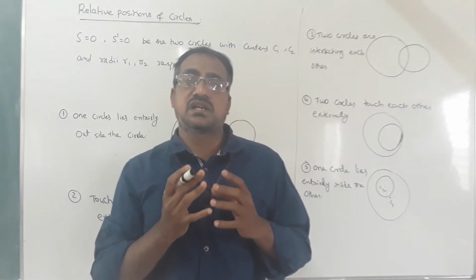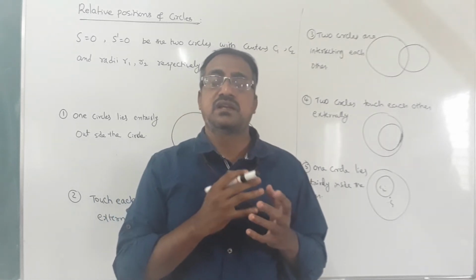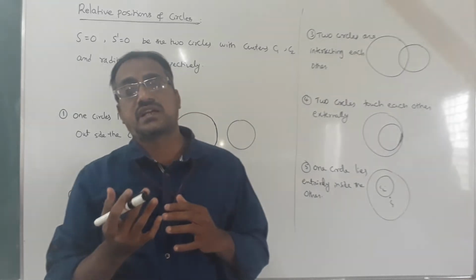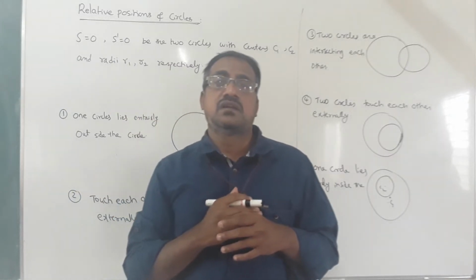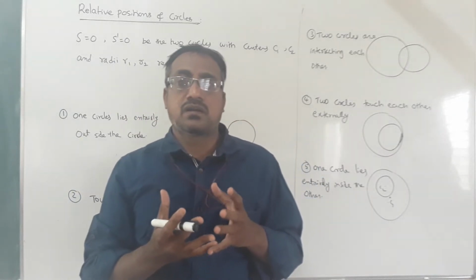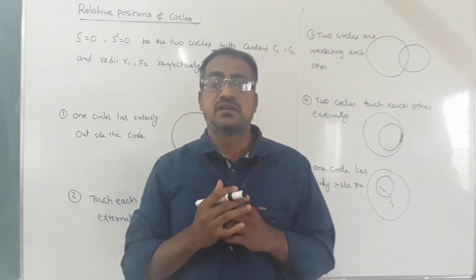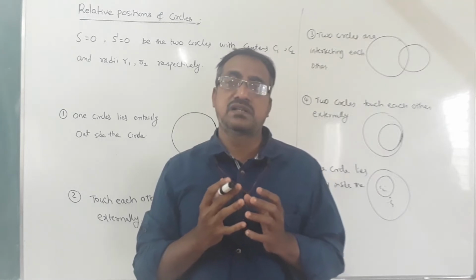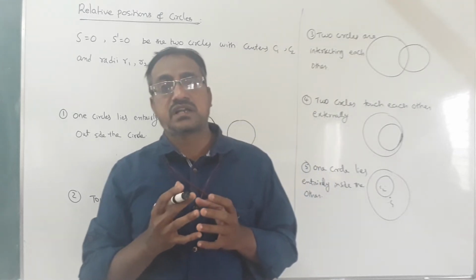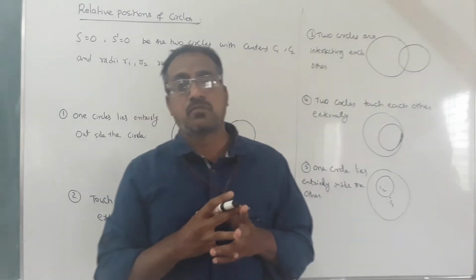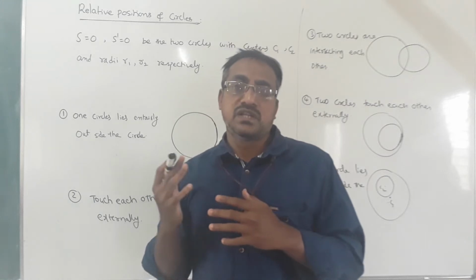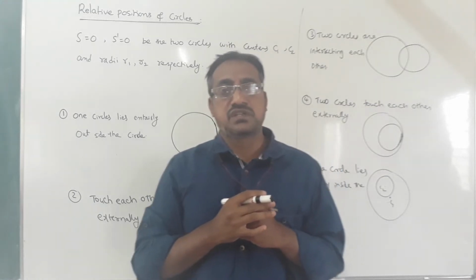Then two circles touch each other internally, and one circle lies entirely inside the other. But we cannot draw a diagram for a given circle directly, so we need to find some geometric condition to solve problems about these relative positions.